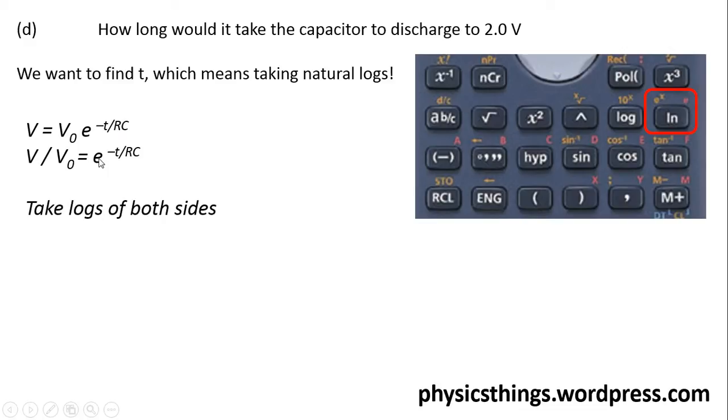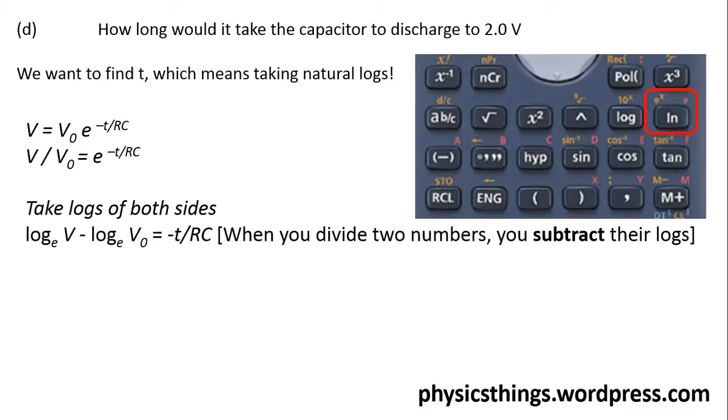Now, in order to get rid of this exponential function, I need to take the log of both sides. So the ln of V over V naught is going to be equal to the ln of e to the minus t over RC, to the natural logarithm.